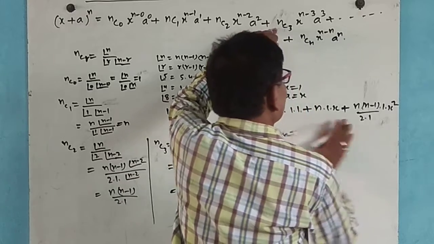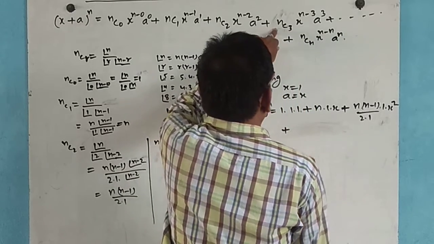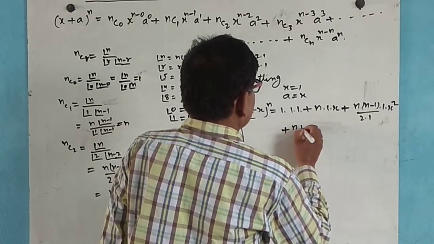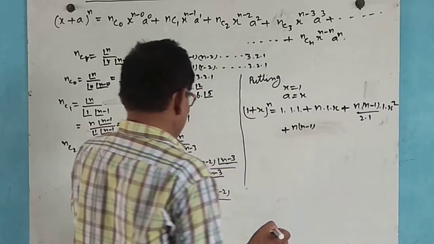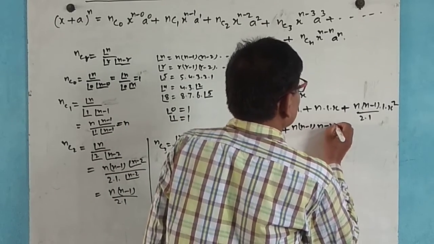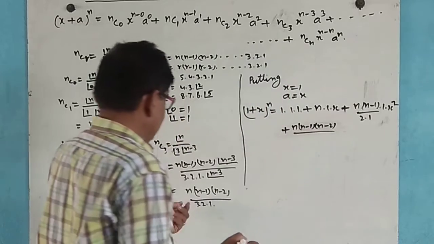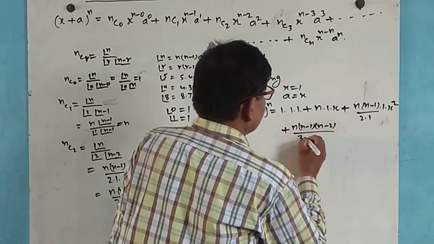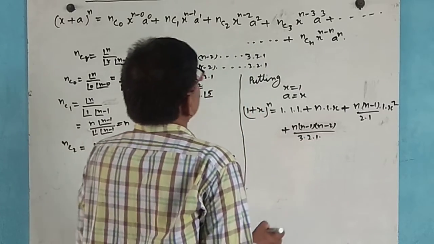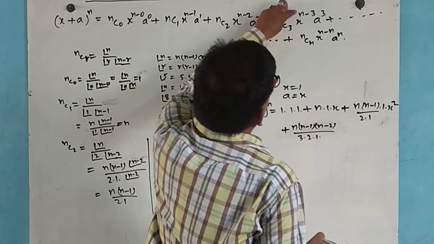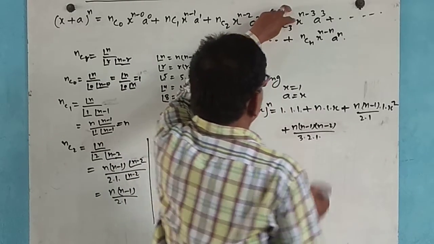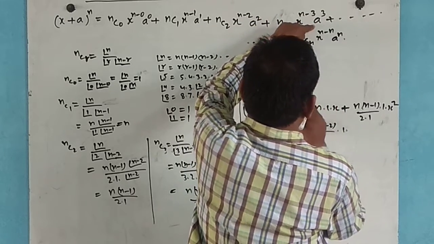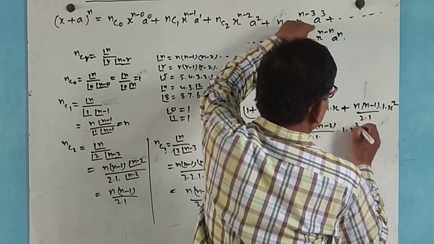nC3, we take one term also here, nC3 equal to n into n minus 1, n minus 2 divided by 3 into 2 into 1, and 1 to the power n minus 3 is 1 and a replaced by x, x cube.